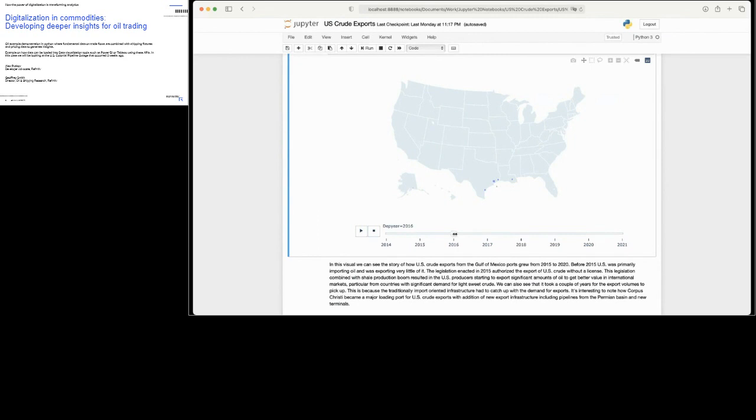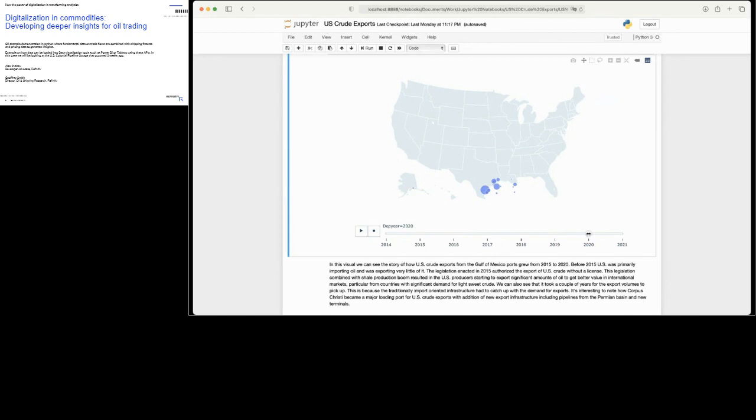This legislation, combined with the shale production boom, resulted in US producers starting to export significant amounts of oil to get better value in international markets, particularly from countries with significant demand for light sweet crude. We can also see that it took a couple of years for the export volumes to pick up, because the traditionally import-oriented infrastructure had to catch up with the demand for exports.